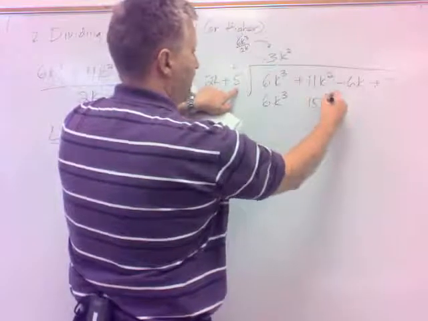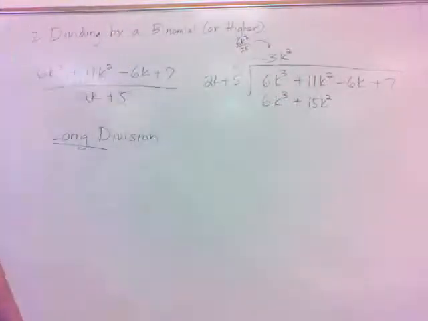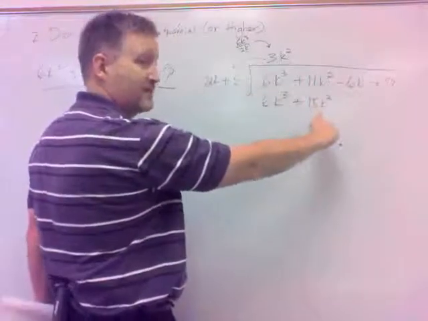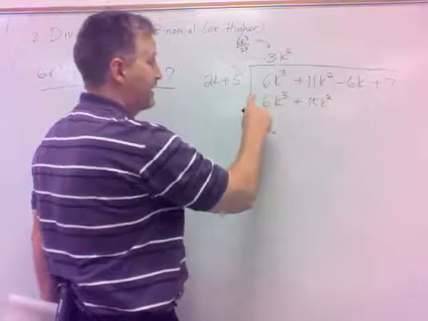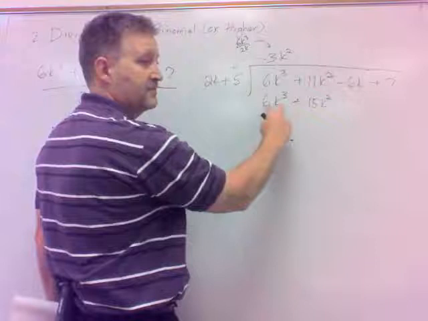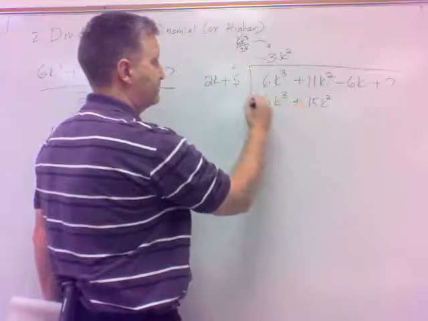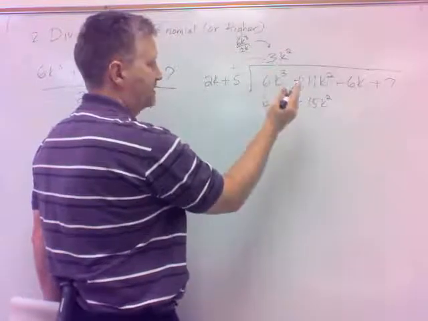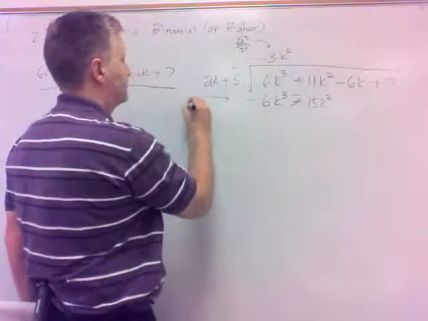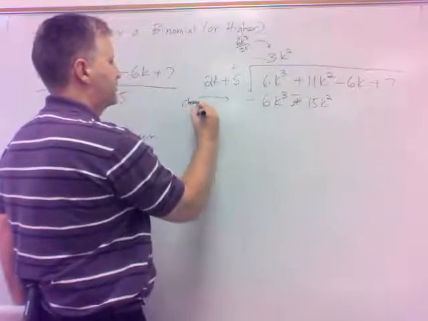And notice I'm writing them underneath the k cubed and k squared terms because those are going to line up nicely there. Now, when you're doing long division of just a regular number, you then take this minus that. Do the same thing here. We're going to subtract these from these, which means change their signs. So the next step, step 3, is change the signs of your lower part, because you are subtracting.